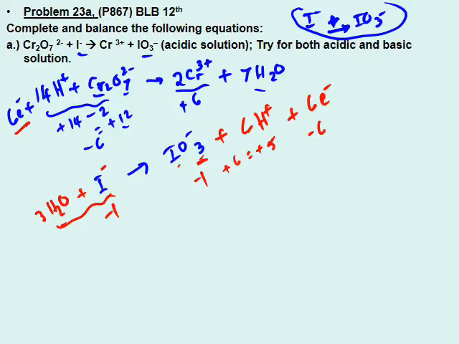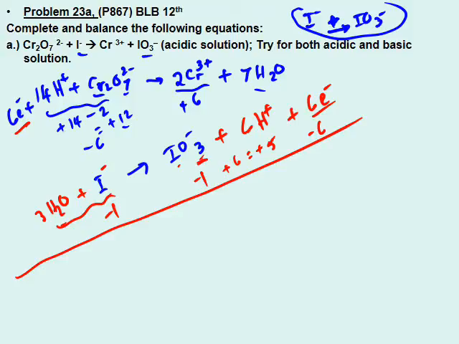So 6 moles of electrons would be received by the first half reaction and 6 moles of electrons would be given up by the second half reaction. So there is a balance already. If there is an imbalance, we'll have to make them equal. So now we can add them up and that would automatically give you a balanced reaction in acidic media.